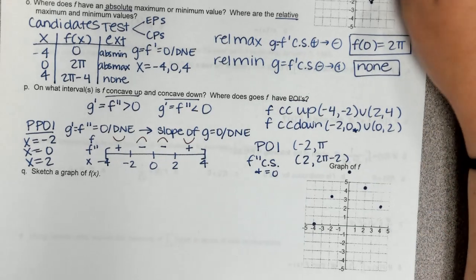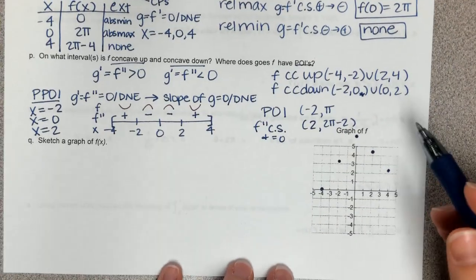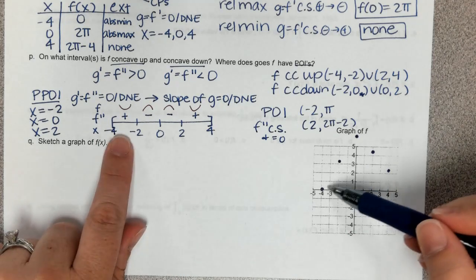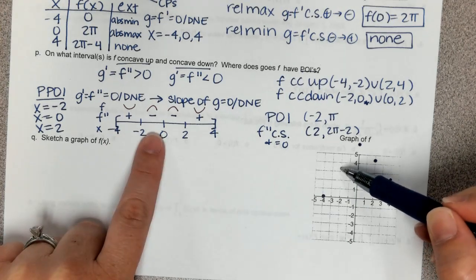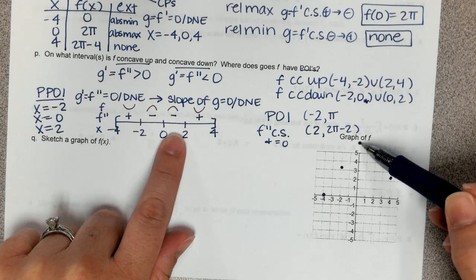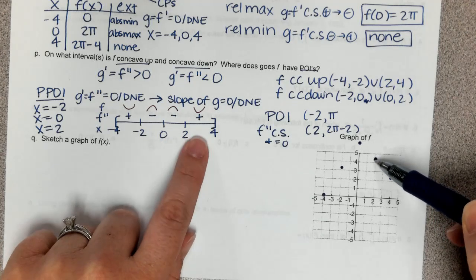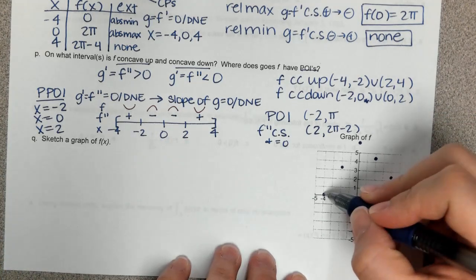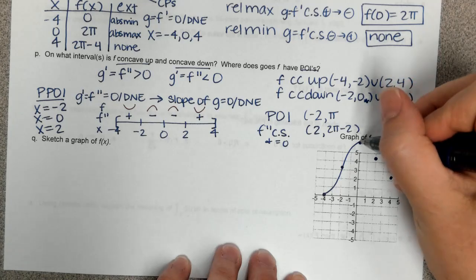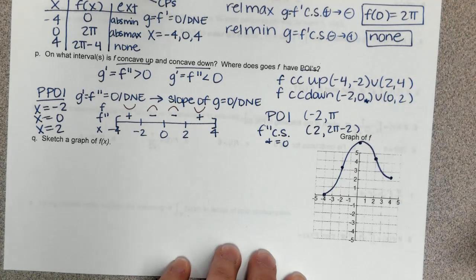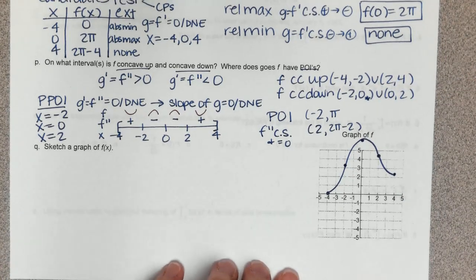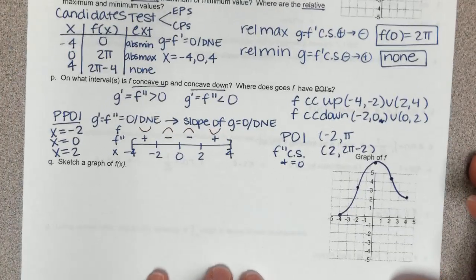Okay, so the concavity: concave up increasing, concave down increasing, concave down decreasing, concave up decreasing. So that's going to look like that, and then like that, and like that. And that's the best that we can do to draw that graph.